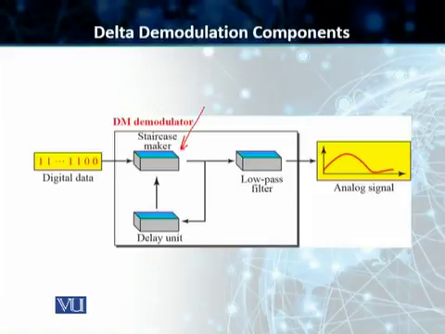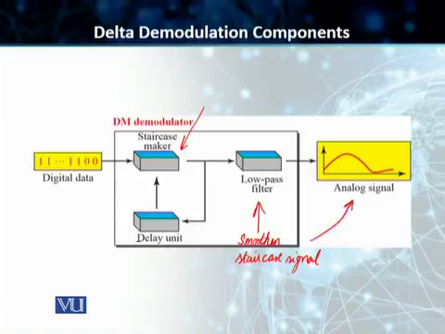It uses the staircase maker and once again the delay unit, and you're probably well aware of that. Up until now, we need a low-pass filter to smoothen that staircase signal into a replica of our analog signal. So this is just there to smoothen our staircase signal into an analog signal.